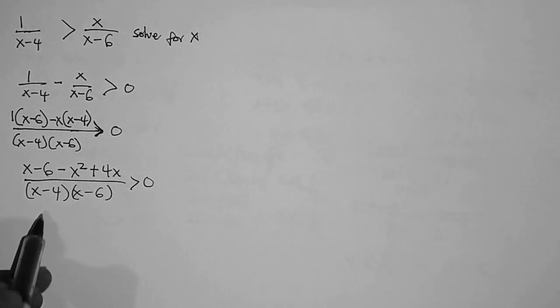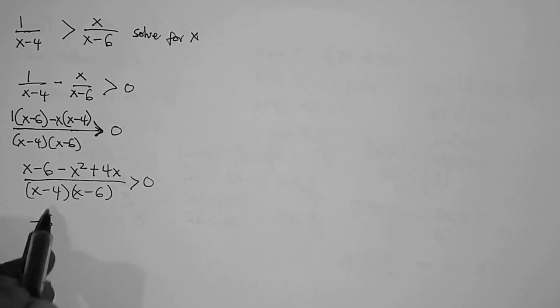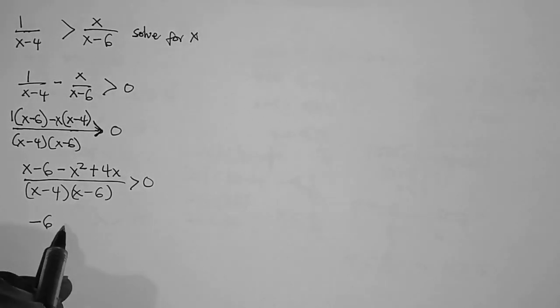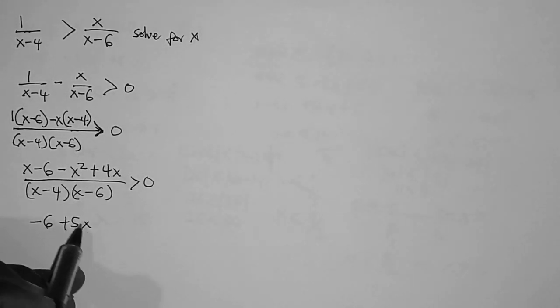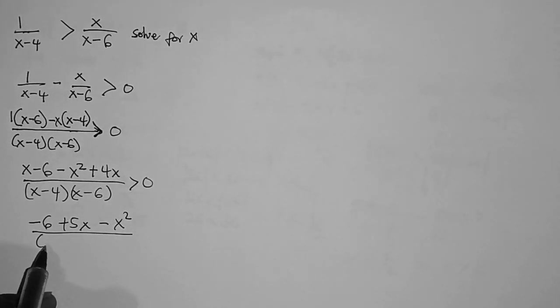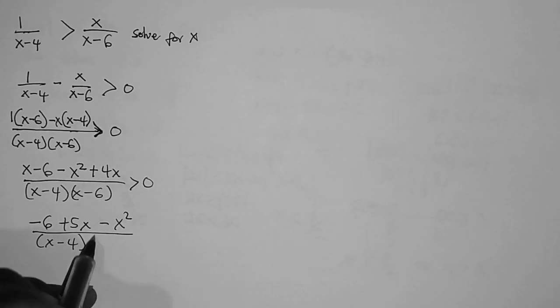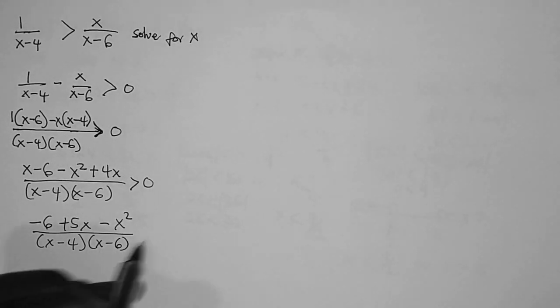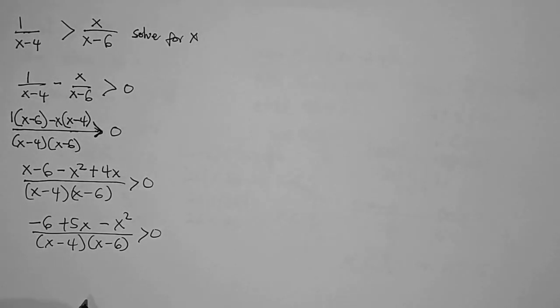So x becomes minus 6, then x plus 4x becomes plus 5x, then minus x squared, divided by bracket x minus 4, then x minus 6, is greater than 0.